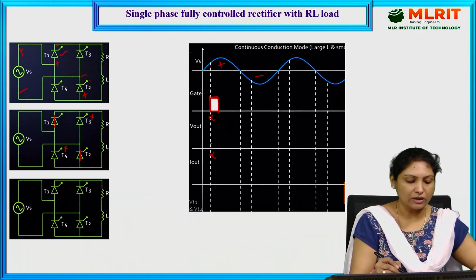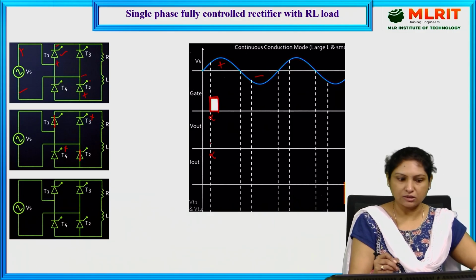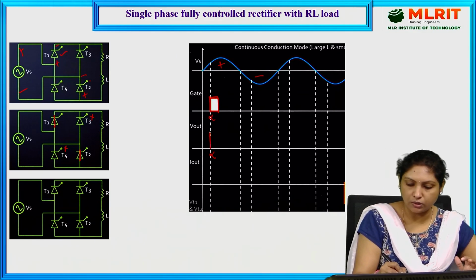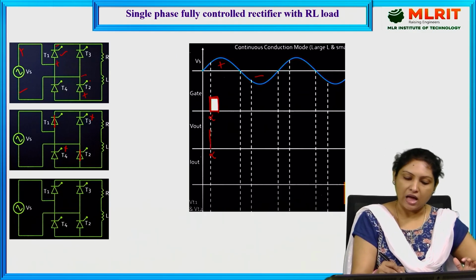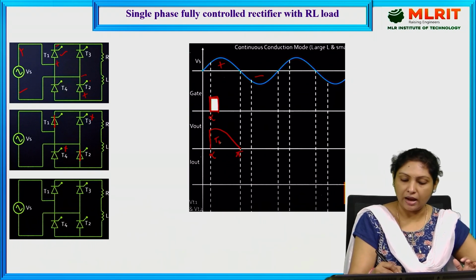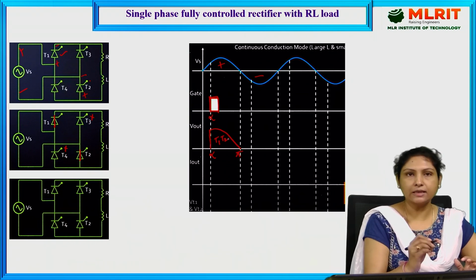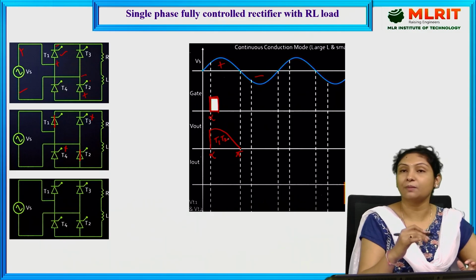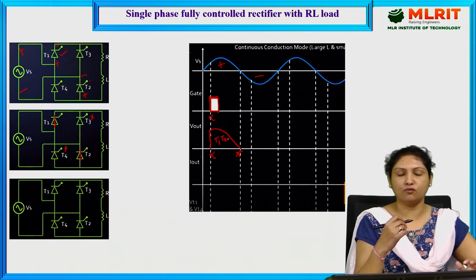So the moment we provide the triggering pulse for thyristors 1 as well as 2, these two conduct the current through the load right from alpha to pi. Let us see the path in which the current is actually flowing through the load.